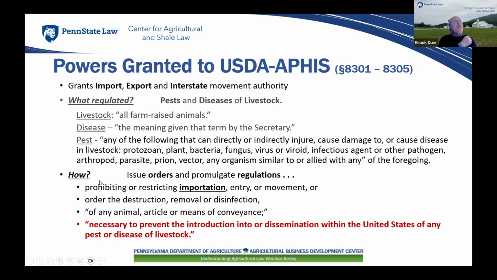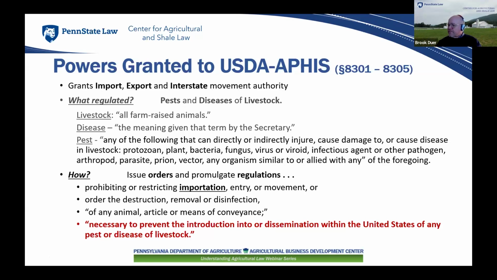Now, how do they regulate these particular pests and diseases of livestock in import, export, and interstate movement? Through orders and regulations, and those are the two words where it all starts to flow down. We all know what regulations are, and most of us are here for the CLE credits and have our law degrees.